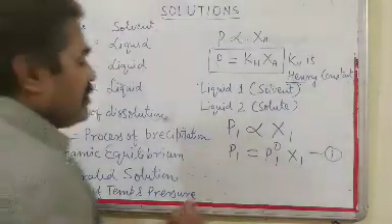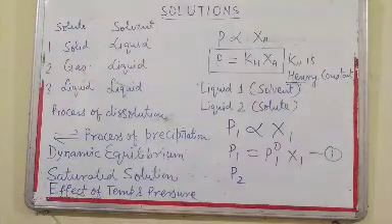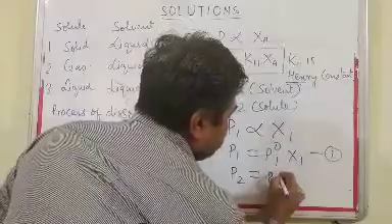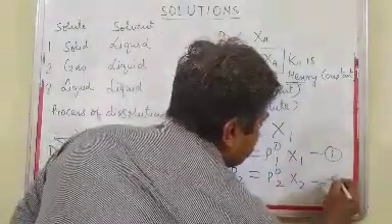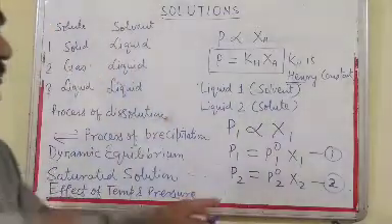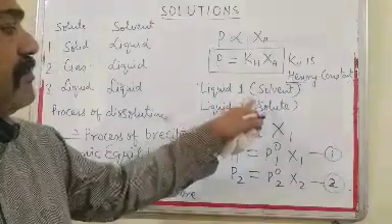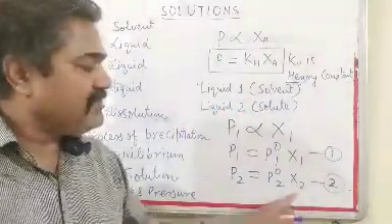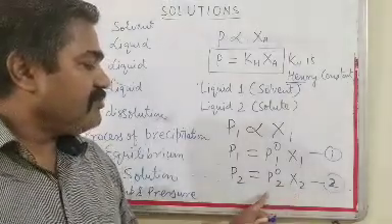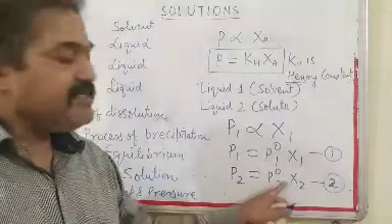Similarly, Raoult's law may be applied for the solute also. So P2 is equal to P02 X2. Equation number 2: the partial vapor pressure of the solute is directly proportional to its mole fraction, that is X2, and on removing the sign of proportionality, P2 = P02 X2.